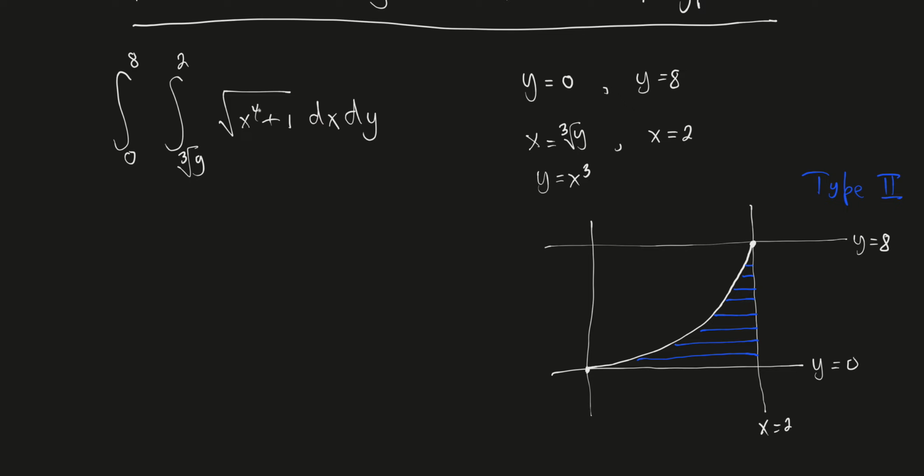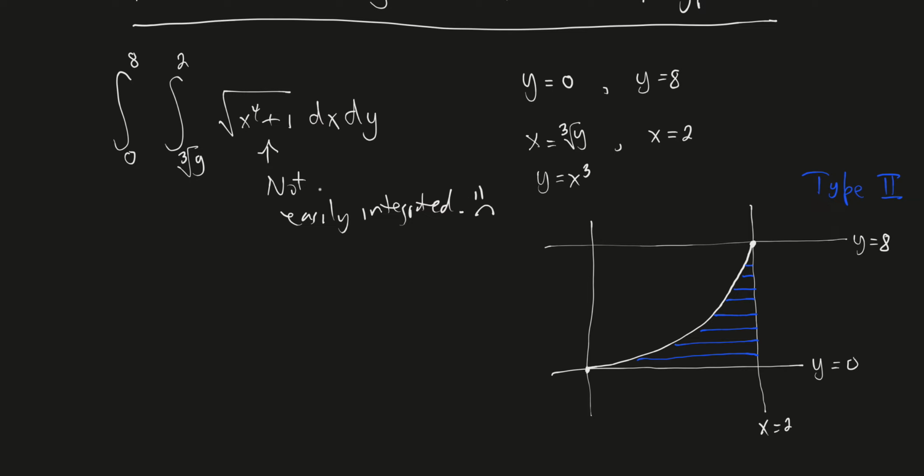If this were x squared, you could try something like a trig sub, which we know can be challenging. But with the x to the fourth there, this is not easily integrated. Can't really do it. All right, sad face.